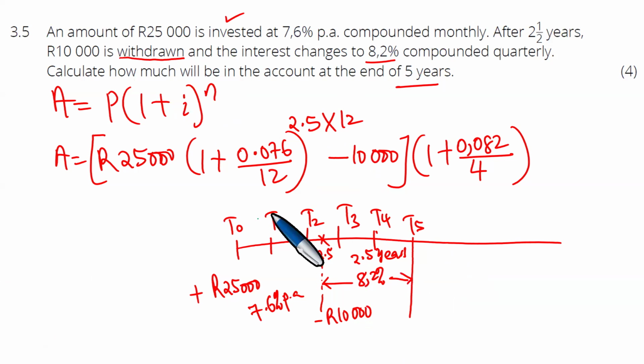First, the 25,000 is invested, and when 10,000 is subtracted, it will accumulate an amount. This amount is then going to be pushed up for the next 2.5 years, which is exactly a 2.5-year journey by 4.